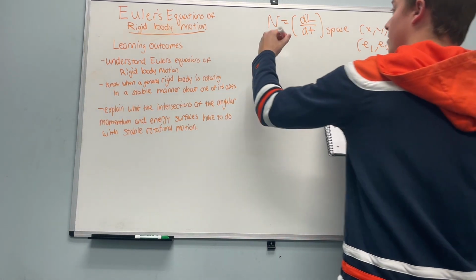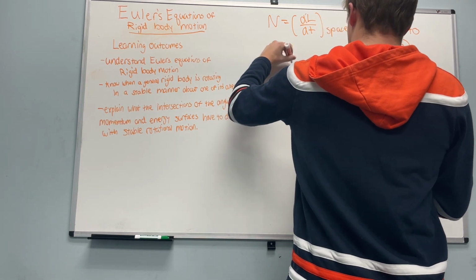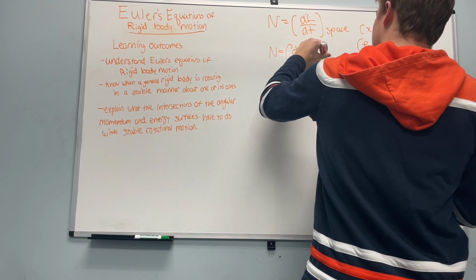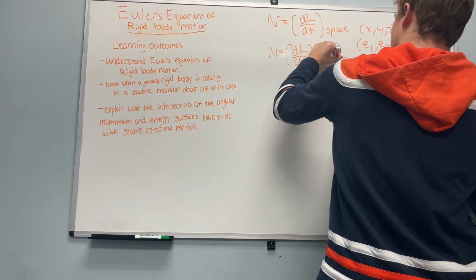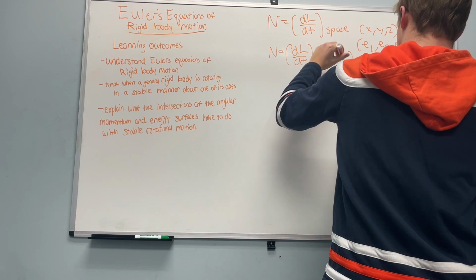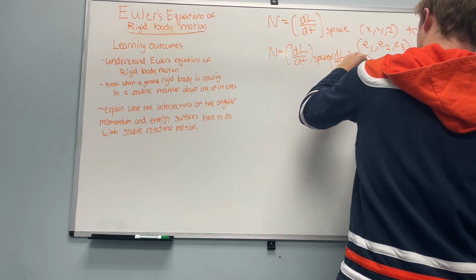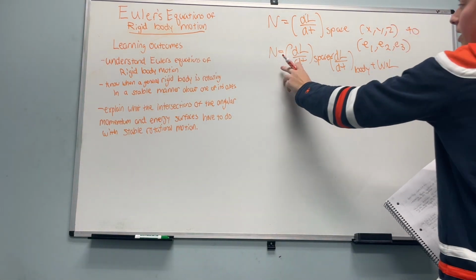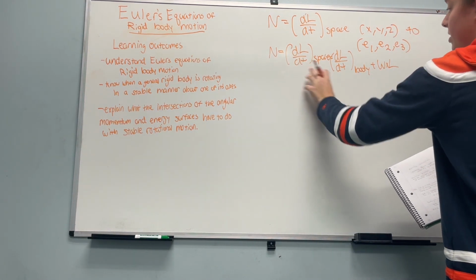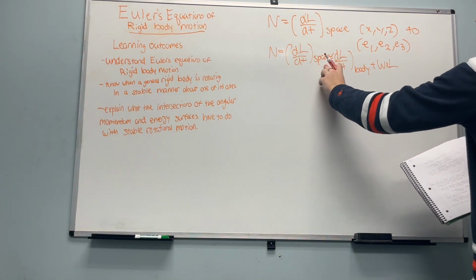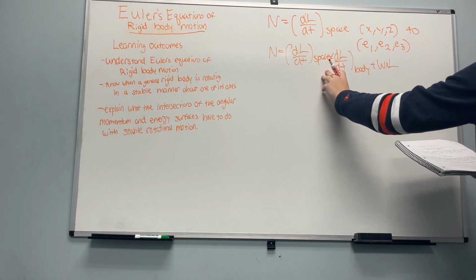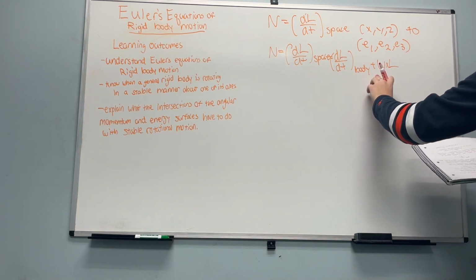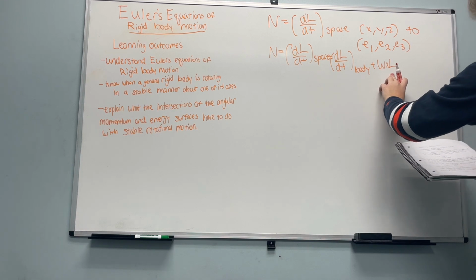We could do that by using the relation between the space and body frames, so this will equal, in the body fixed frame of reference, the time change in the angular momentum L body plus the cross product of the angular velocity times the angular momentum.